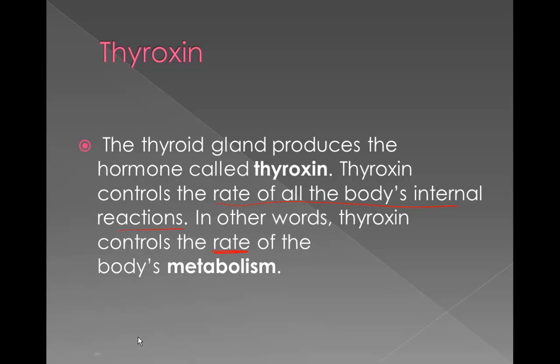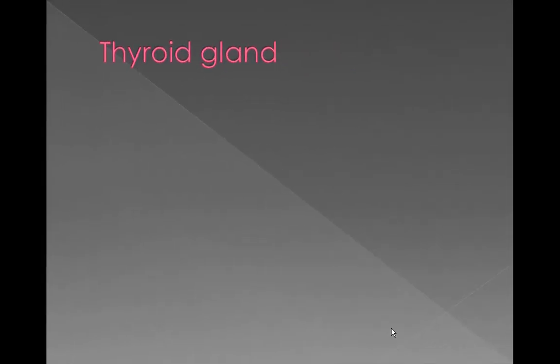As we wake up, our body starts to release thyroxine, and the increase in thyroxine would result in increasing our metabolism. So we might start increasing our breathing rate, and our heart rate would go up. These are the changes we would experience with an increase in our metabolic rate.